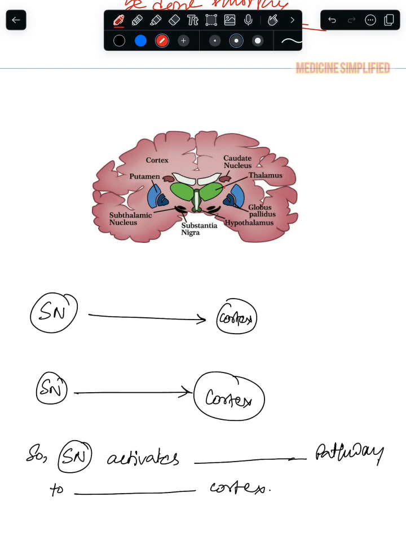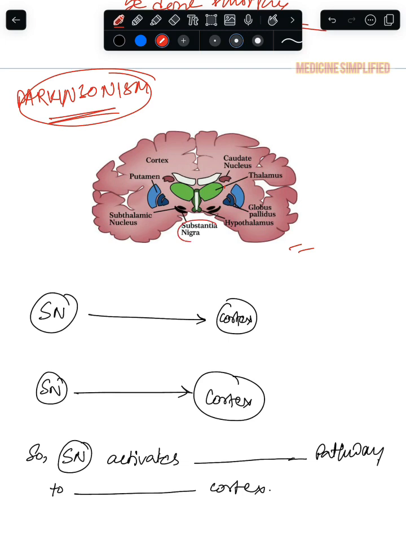So now let's come to the main area of our discussion, that is Parkinsonism. As previously I have shown you in the figure, one of the most important areas in the brain related to the disease process in Parkinsonism is the substantia nigra.